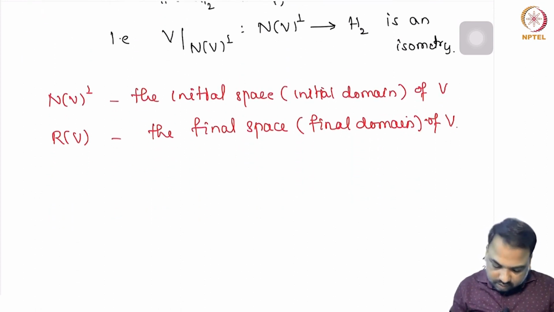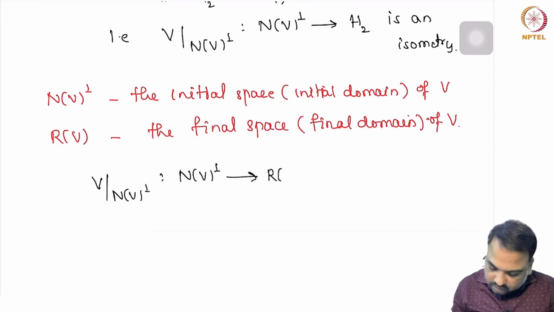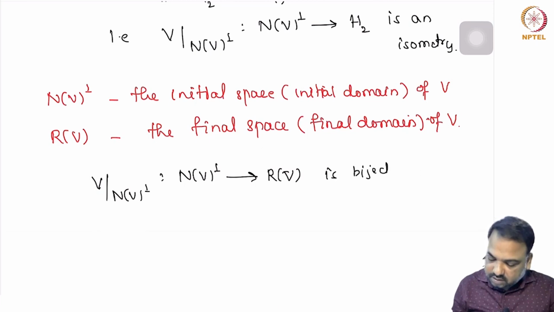So when you look at this map, V restricted to null space of V perp, from null space of V perp onto range of V, this is a bijection and an isometry.